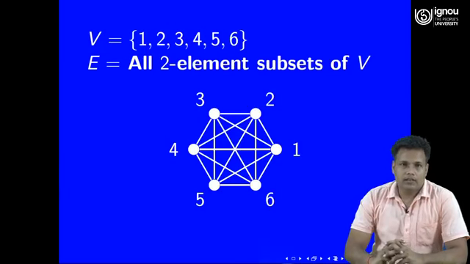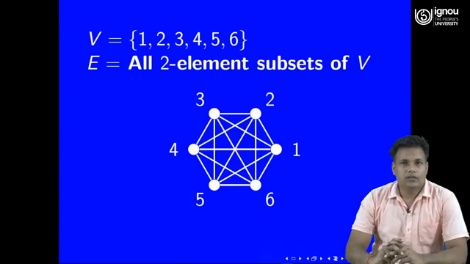Let's look at another example. In this case, the vertex set consists of 6 elements, namely 1, 2, 3, 4, 5 and 6, and the edge set consists of all 2 element subsets of V. So in this case, we can draw this graph as you can see in the picture.